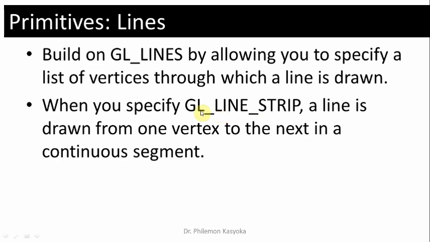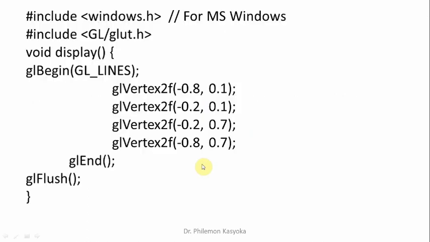That is, if we were to go back here, if we need a line to be drawn from this point to this other point, then that's what we are saying. We'll be working with GL_LINE_STRIP, and that will allow the line to be drawn. Now, let's make use of the same coordinates that we are working with when we are displaying the points.